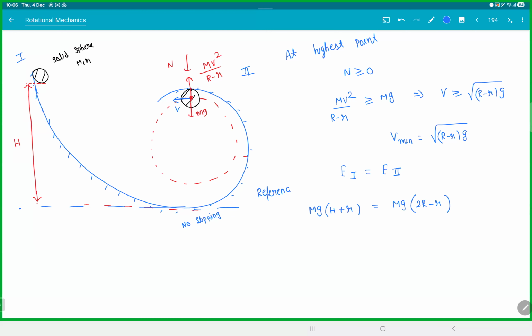Are you getting it? You have to take the center of mass, no? This will be R minus r, and this will be capital R, so it is 2R minus small r. Are you clear? It's not a point particle anymore. You have to take the center of the sphere for everything. Plus half m v square, and since it is also rolling, half I omega square. Please check the equations.